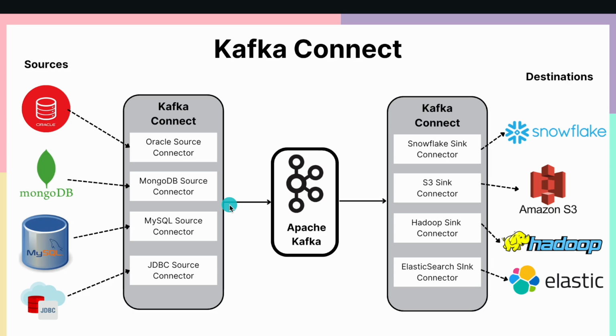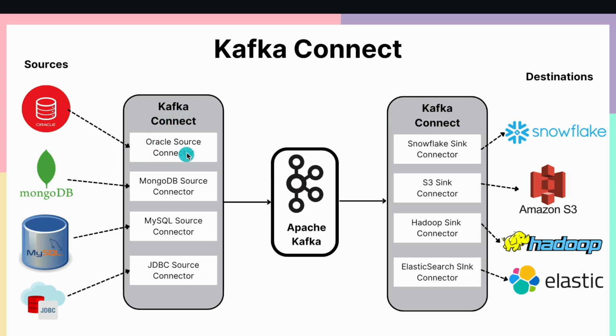Now, if you want to integrate Kafka with popular data sources like Oracle, MongoDB, MySQL, whatever, you do not want to be writing those applications by yourself, to write the logic to get the changes from the Oracle database and then write them to a Kafka topic. So we have Kafka Connect, which is basically a service that you can run in Kafka.